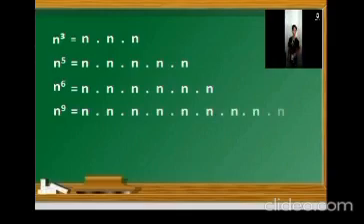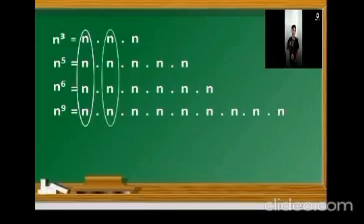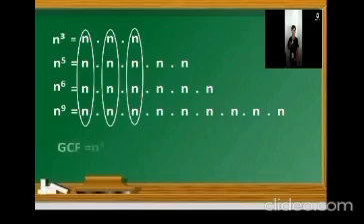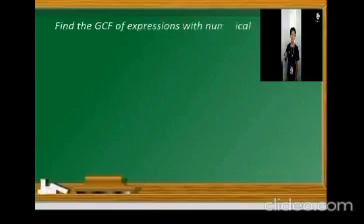Therefore, if we are going to find their GCF, let's multiply their common factor, which is n times n times n. And n times n times n is n raised to 3.